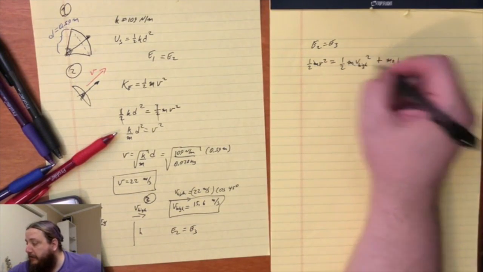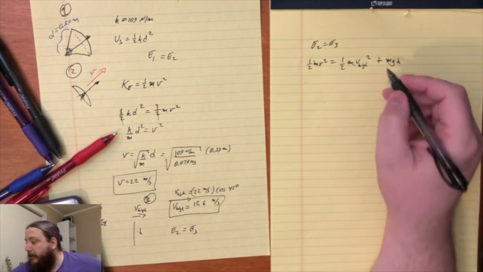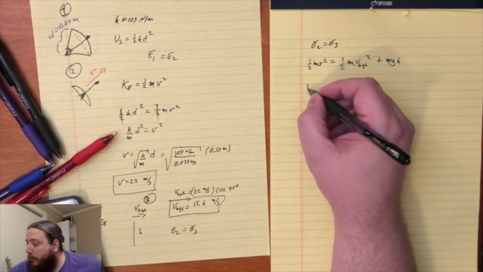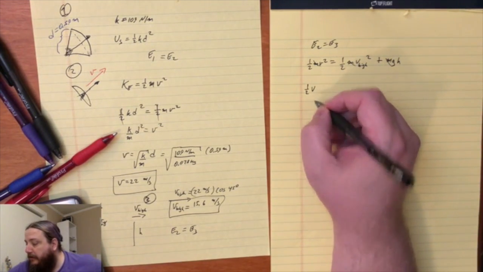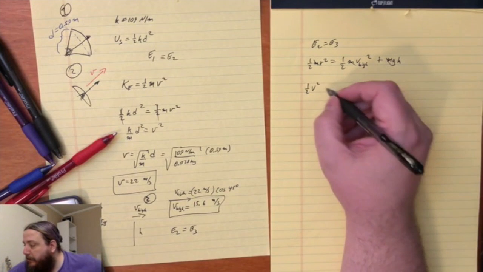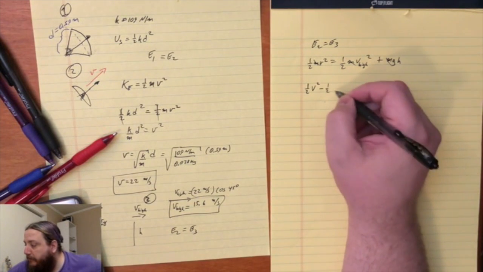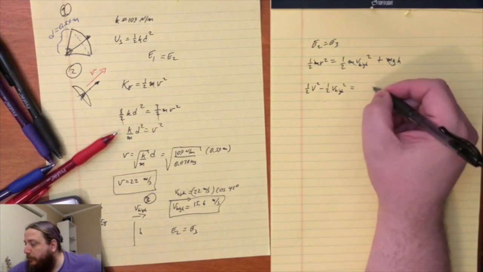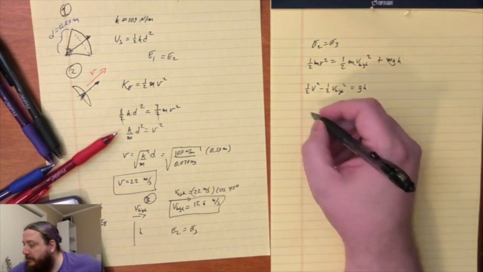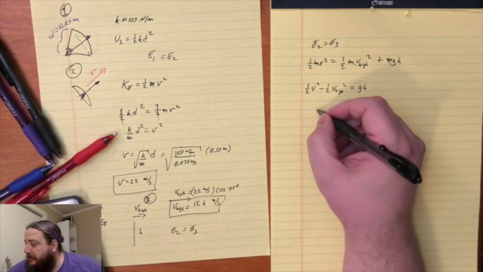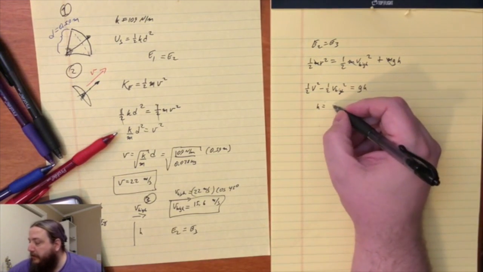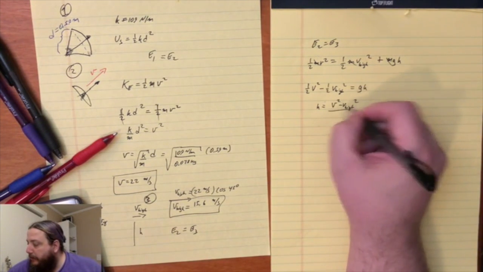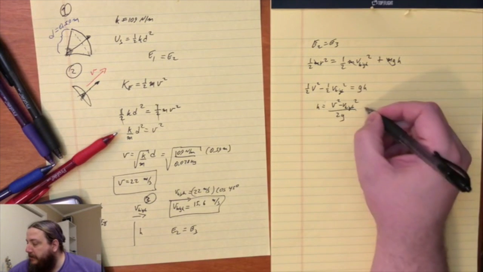And we could cancel out the masses, and we want to solve here for this height. So 1/2 v squared minus 1/2 v high squared equals gh. So h is going to be v squared minus v high squared over 2g.